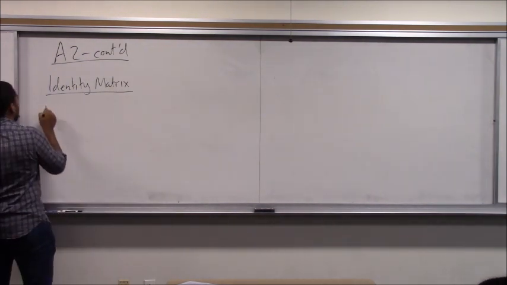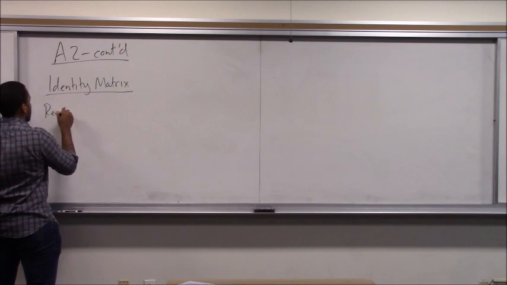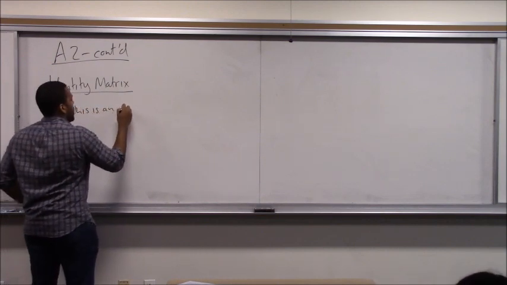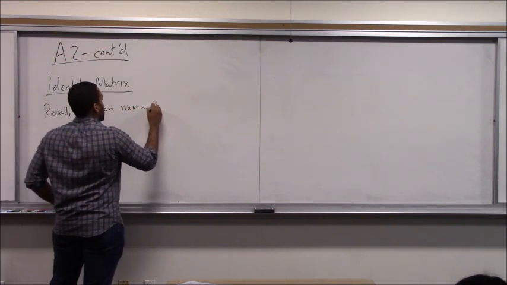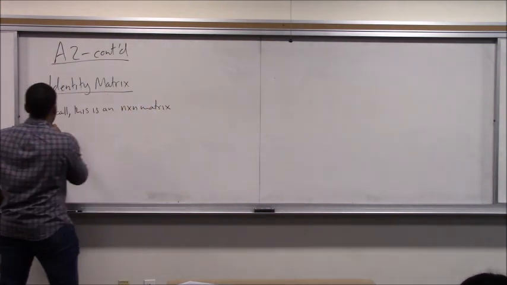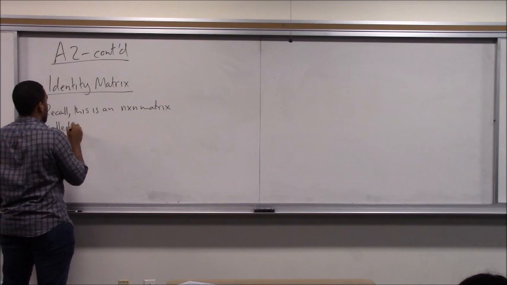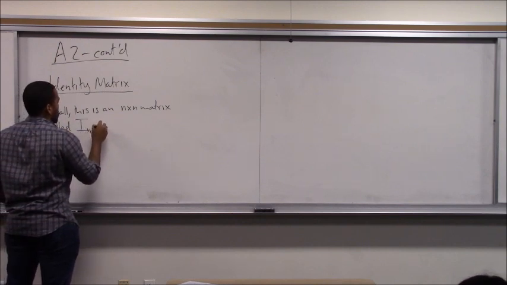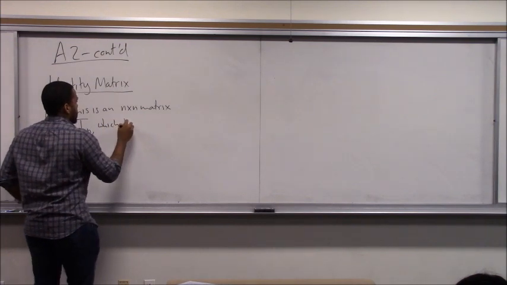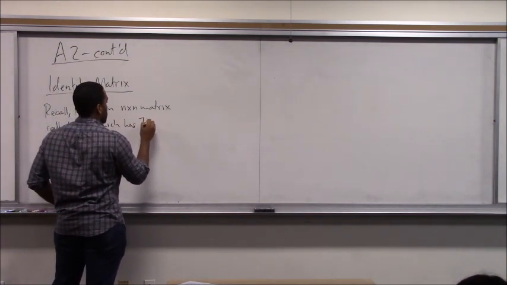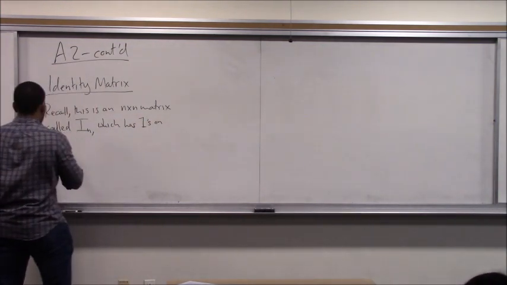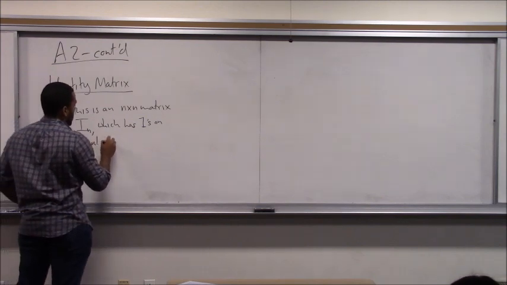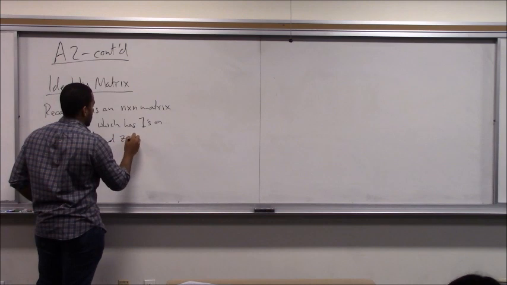So recall, this is an n by n matrix called I_n, which has ones on the diagonal and zeros everywhere else.